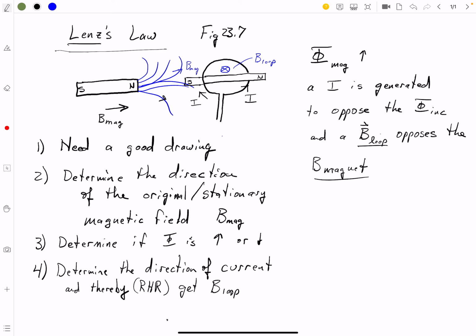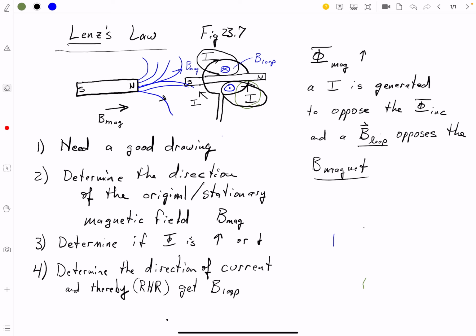Okay, so of course, if our current is going this way, if the phi is decreasing, then that generates an out of the page field on the inside of the loop, okay? So if we're going this way with our current, then this gets generated, and if we're going this way with our current, that gets generated.